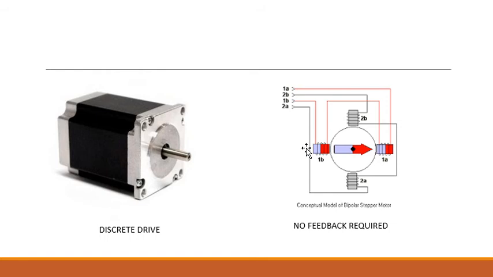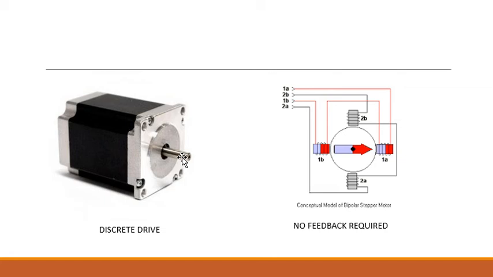And with a discrete drive, you may not get a feedback signal from its shaft. So you don't have to merge some feedback instrumentation tools, like maybe encoders, or resolvers, or magnetic encoders or something like that.